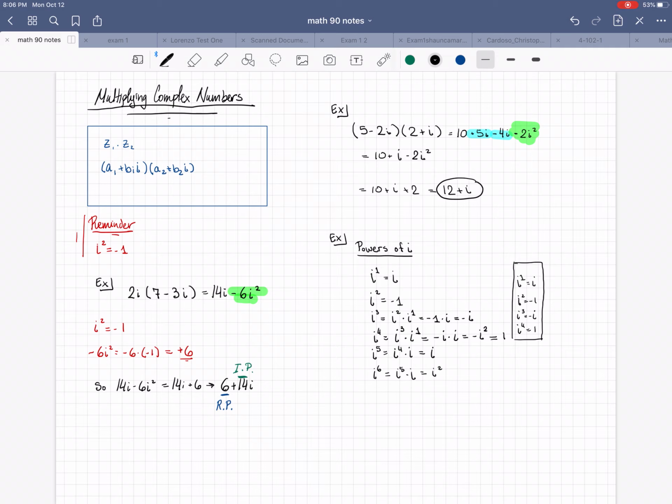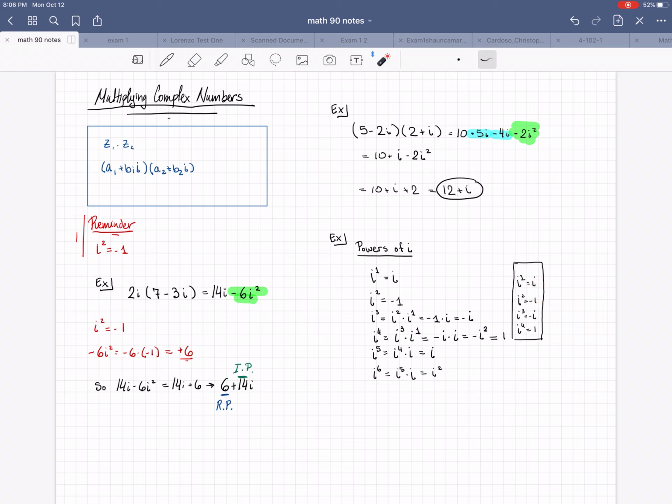So what I hope you all see here is we have four distinct powers of i, and then we come back to the beginning. So i is only capable of having four different outcomes for its powers: i, negative 1, negative i, and 1.